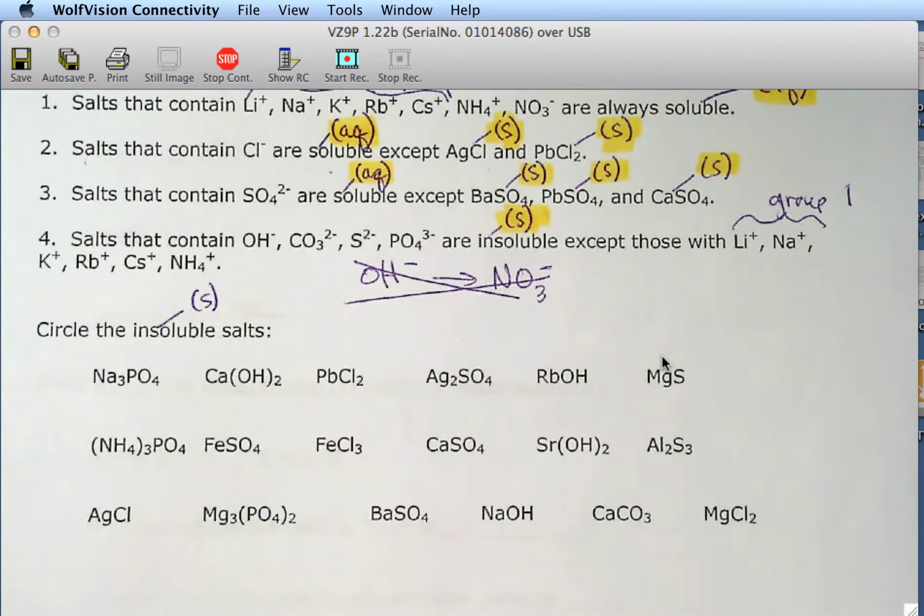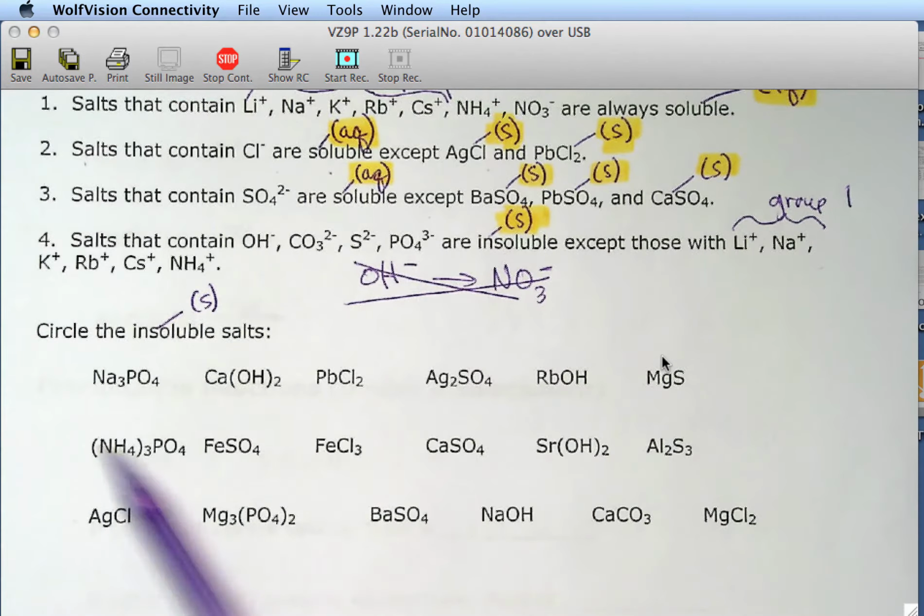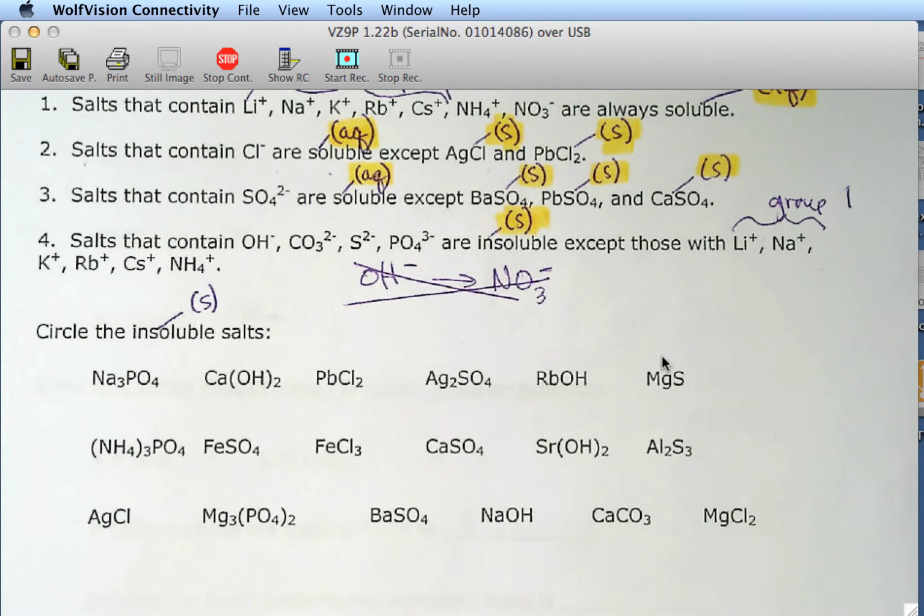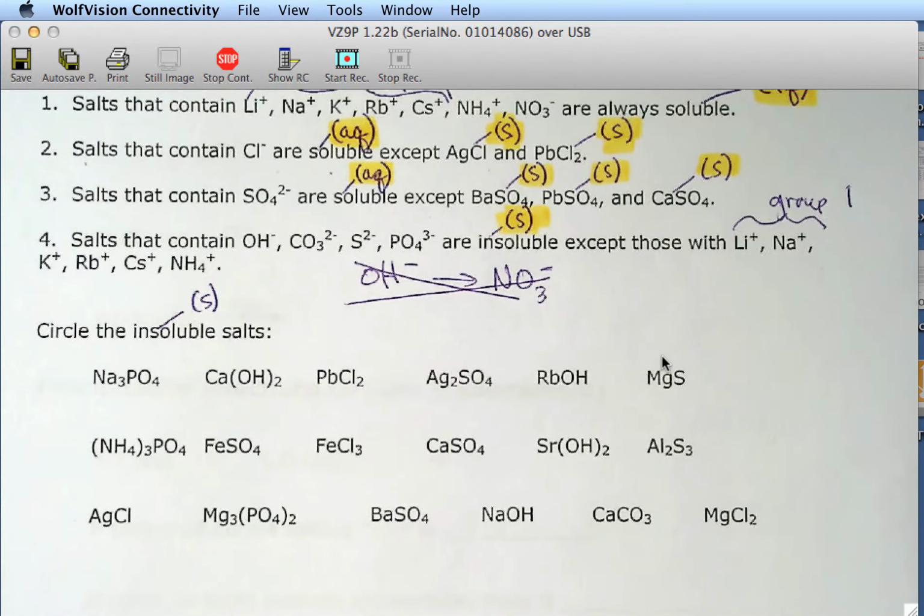So, if I was given a list, and especially if I was given a list on a test, and there was a time constraint, I would try to very quickly eliminate ones that are soluble, right? That would probably be my most efficient use of time. What ions do we know of that are always soluble?